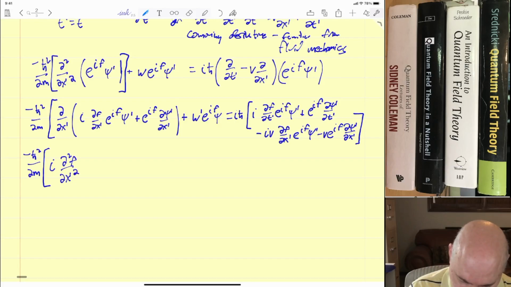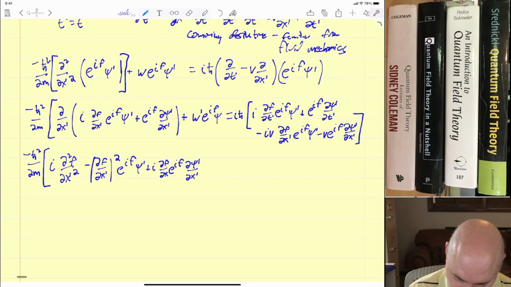Then I get minus, now I'm going to have an i coming down with an i. And it's going to hit that, so it's just a minus the partial of f with respect to x prime, but I already have a partial of f with respect to x prime, so this is going to be squared times e to the i f psi prime. And then finally I get plus i partial of f with respect to x prime, e to the i f partial of psi prime with respect to x prime. So that gives me the first 3 terms.